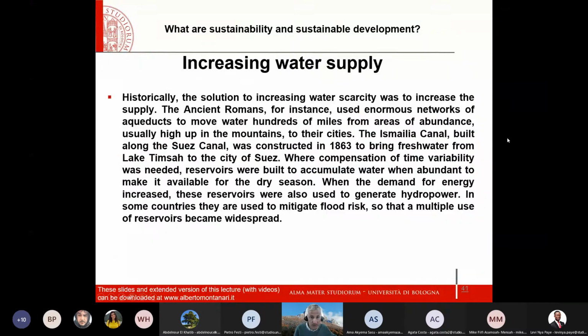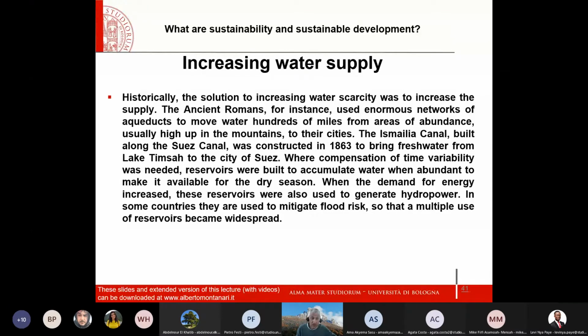Okay, now let's move to the solutions. So, I already mentioned a possible solution to water scarcity, and in particular to seasonal water scarcity, which is storage. Storage, increasing storage, falls into the category of increasing water supply, increasing water resources availability.